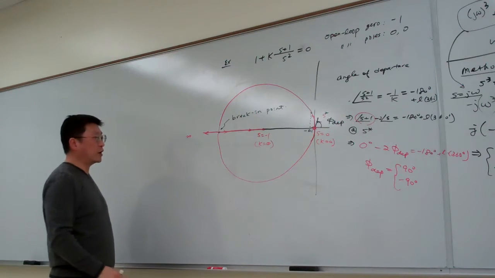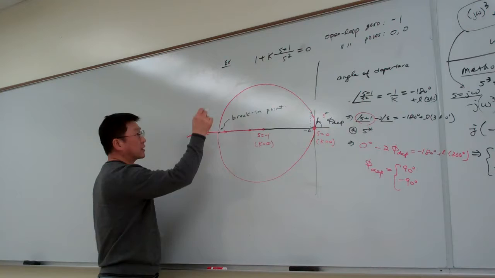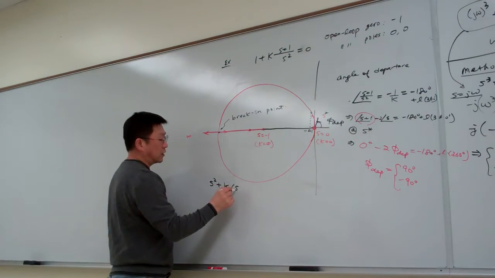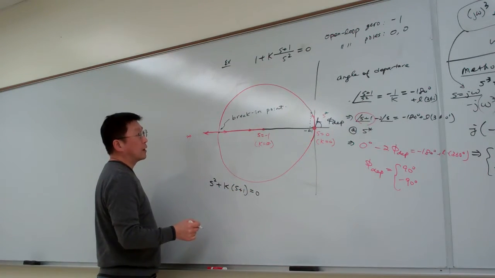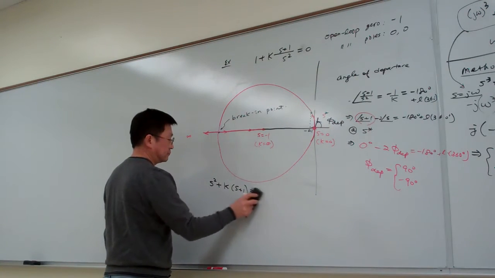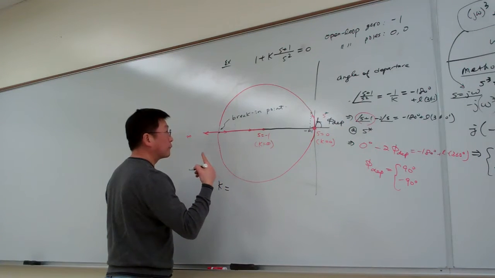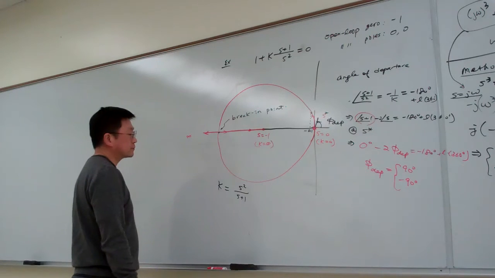Okay, so for the breakaway point, again, we can exercise this from the characteristic equation: s squared plus k(s plus 1) equal to 0. So k equals minus s squared over (s plus 1), okay?